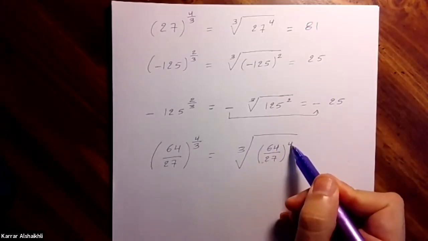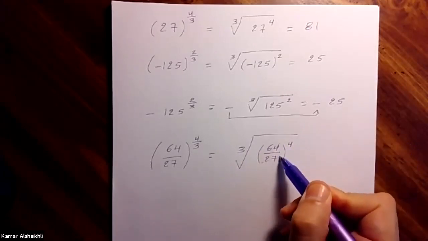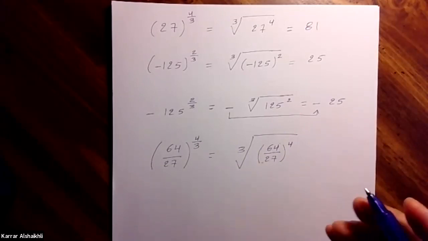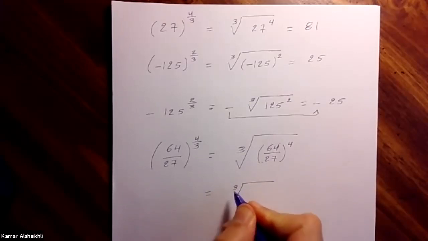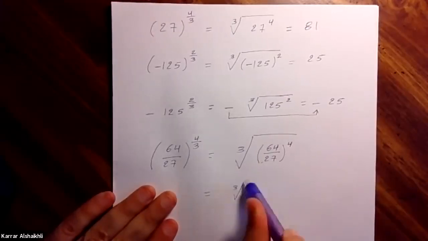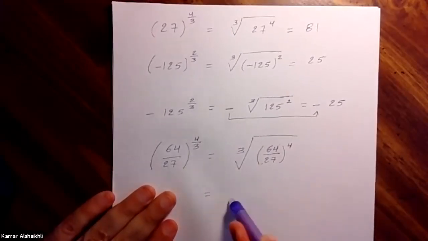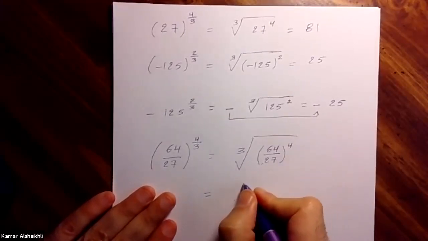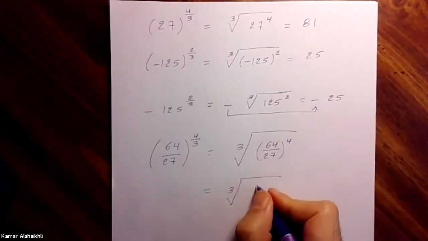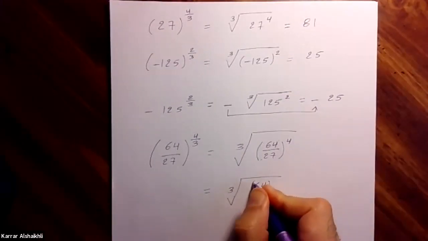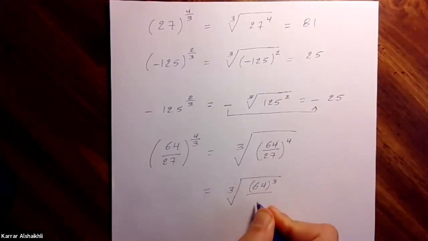I'm going to distribute the exponent on the top and on the bottom by using the exponent rule. So this is the cubic root of, this is very important, 64 to the power 4 over 27 to the power 4.